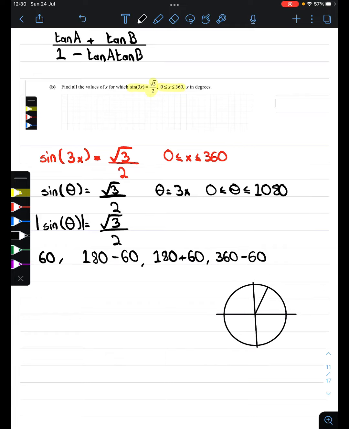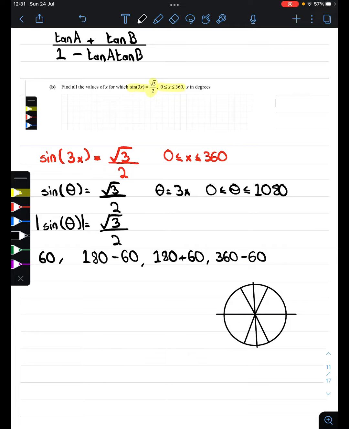So here, here, here, and here. Okay. But that's when the magnitude equals square root 3 over 2.